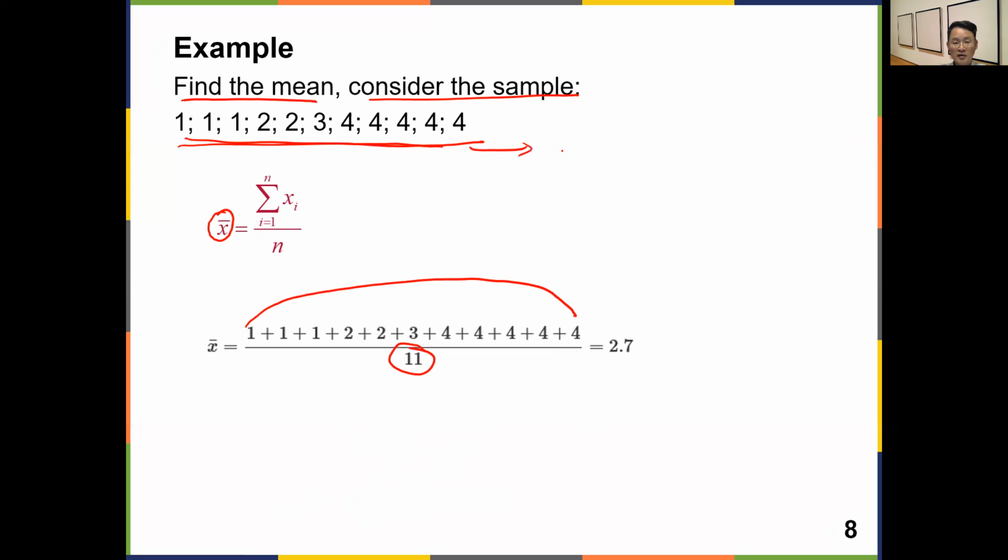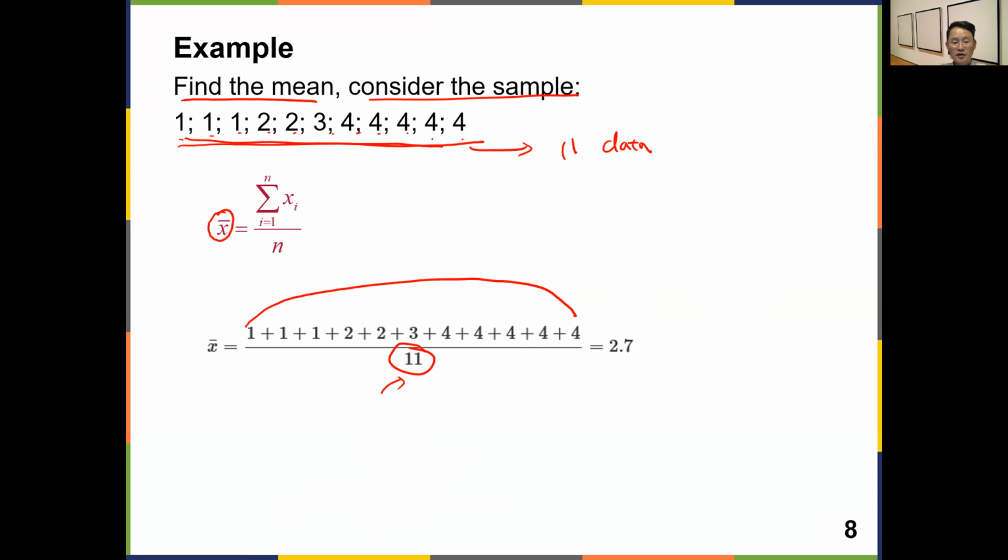Because there are 11 data points right here: 1, 2, 3, 4, 5, 6, 7, 8, 9, 10, 11. That's why the sample size is 11. And if you type it up, you get 2.7, just like that.